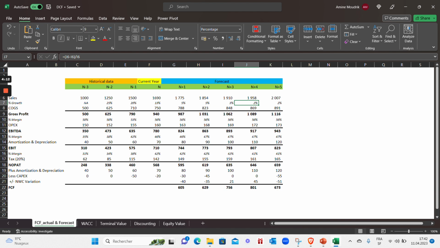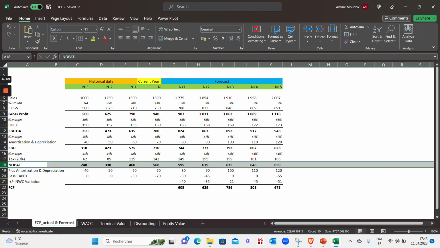Then we calculate our EBITDA by subtracting operating expenses and cost of goods sold from our sales. Then we deduct amortization and depreciation to get our earnings before interest and tax, to which we deduct our taxes to get finally the net operating profit after tax.